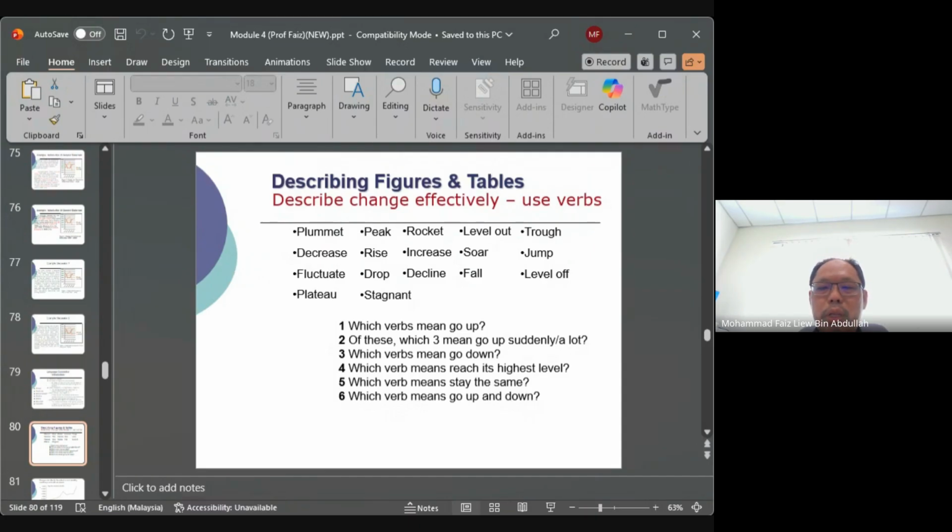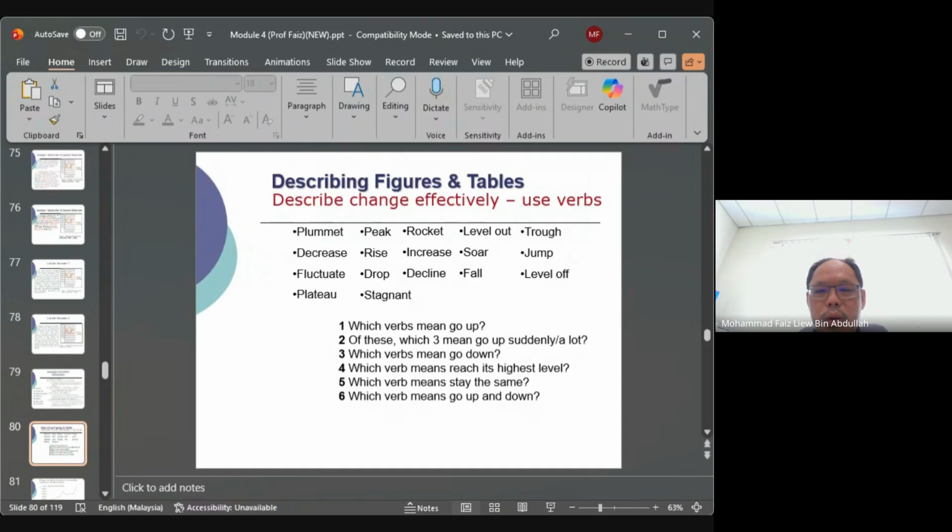The important thing is that usually the graph goes up and down. So which words mean go up, all of these three mean go up suddenly, or which word means go down, or which word means highest level, or which word means stay the same. Stagnant means stay the same.